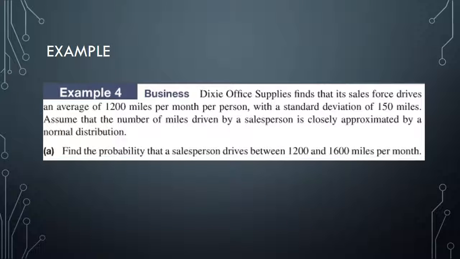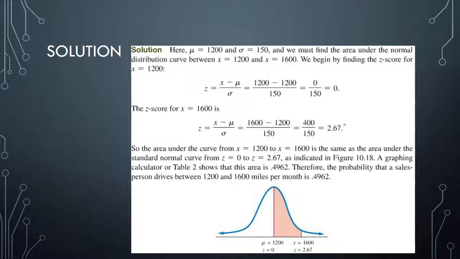This question, pause the recording, give it a go, and resume to check your answer. Okay, so we have the mean of 1200 and the standard deviation of 150. We want to find the area under the normal curve between 1200 and 1600. So we'll find the z-score for 1200.